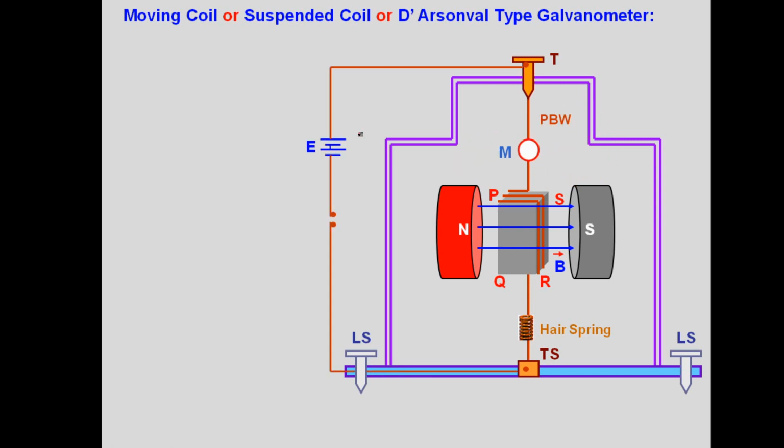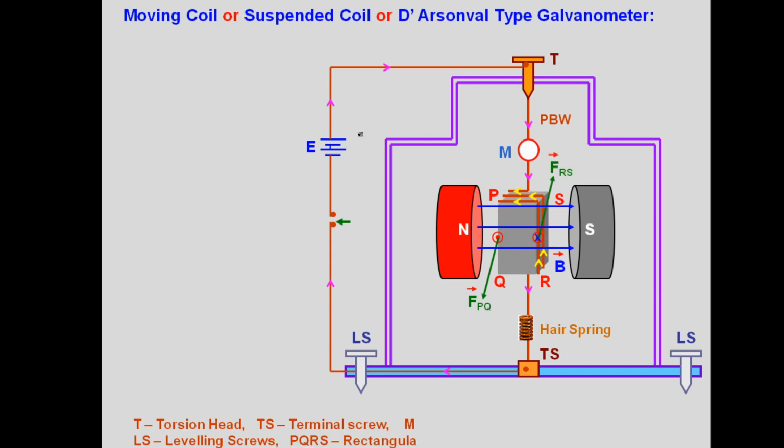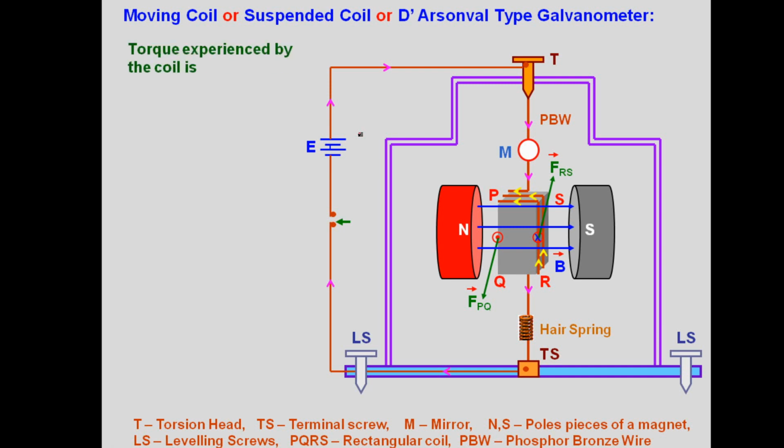When we close the key, current starts passing, coming down, passing through the coil, and this current passing through the coil in the magnetic field will have a tendency to produce torque on the coil. On the two sides of the coil forces are acting, and these forces have a tendency to rotate the coil. So the torque experienced by the coil is NIAB sin phi or BINA sin phi.